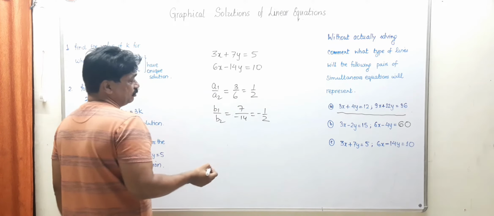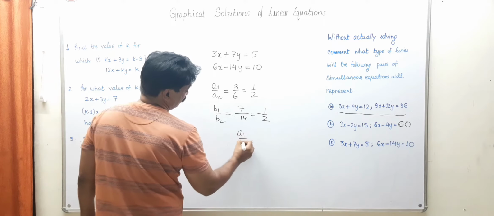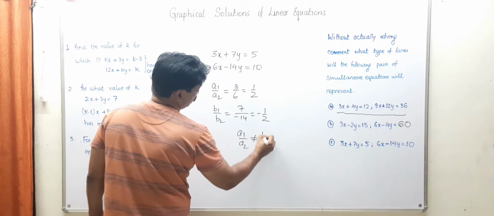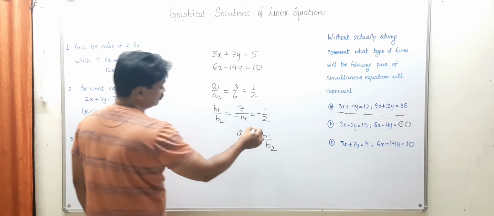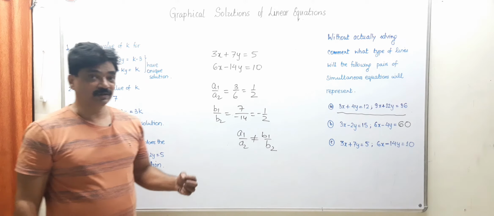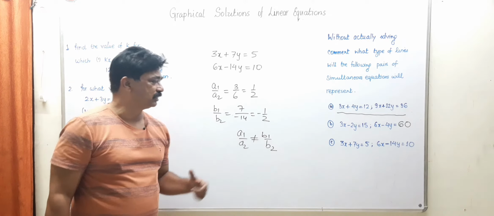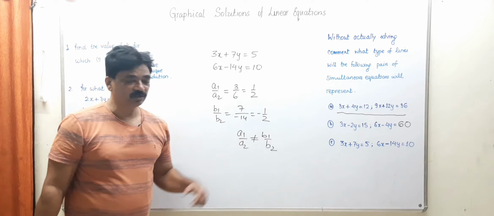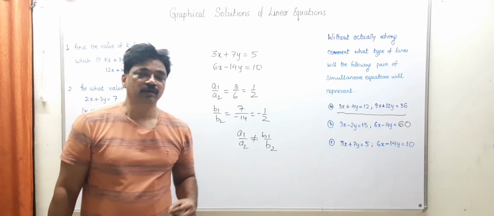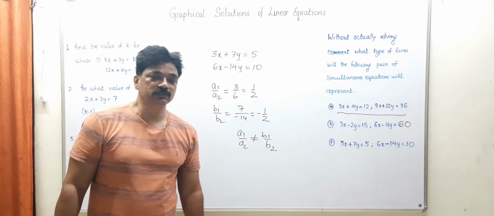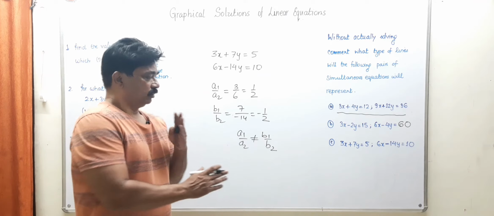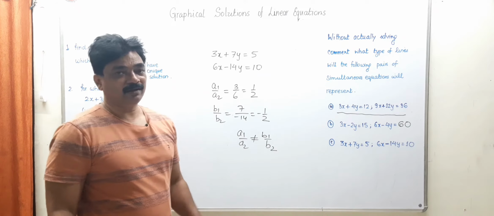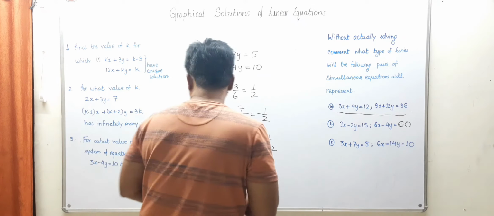So I don't move ahead because here I am getting a1 by a2 is not equal to b1 by b2. When you get this, you don't require to find c1 by c2, because since a1 by a2 is not equal to b1 by b2, the equations will represent intersecting lines and they will be consistent. Now I move to next.